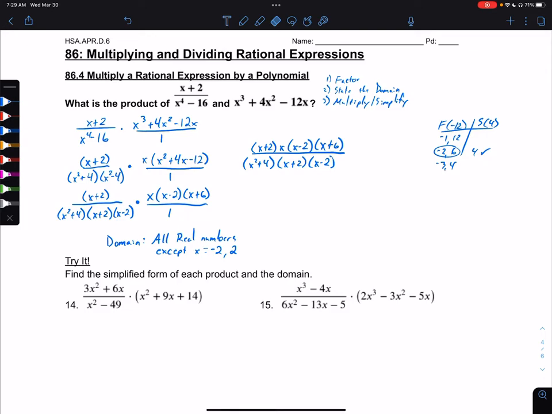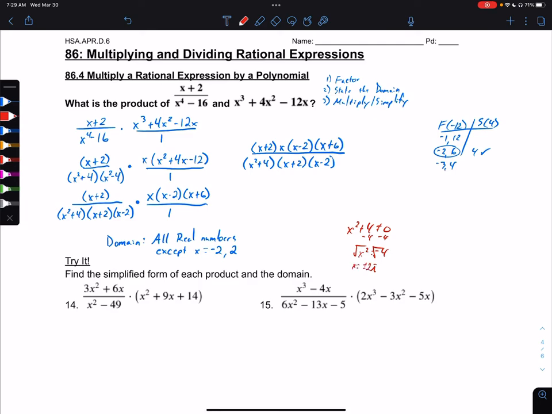Now, the x squared plus 4, if I set that equal to 0, or not equal to 0 really, and I subtract 4, I get x squared equals negative 4. And if I try to take the square root, I'm going to get a complex number i. And this would actually be positive and negative 2i if we really want to finish it.